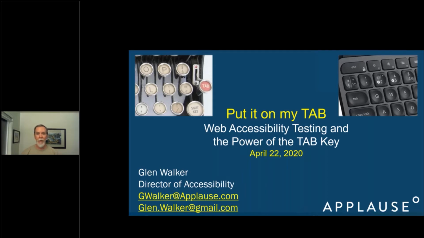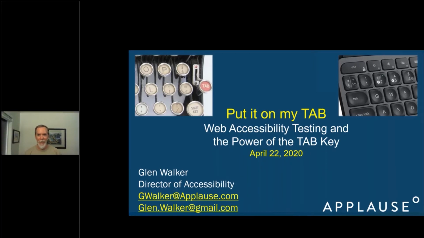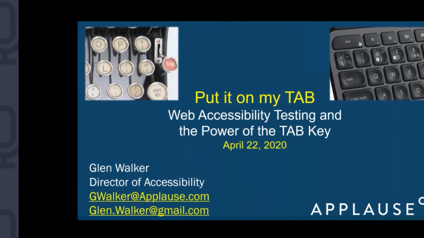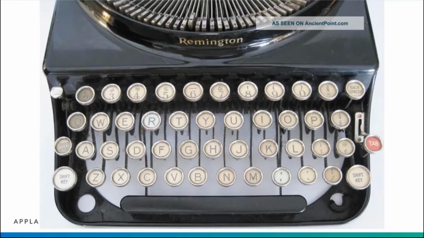My talk today, I wanted to talk about this really cool key on the keyboard, the tab key. I suspect most of you have a tab key on your computer keyboard. Let me turn off my camera real quick. If you go back a little ways, and I had forgotten about this, not that I was around when this type of typewriter was around, the tab key used to be on the right side of the keyboard.